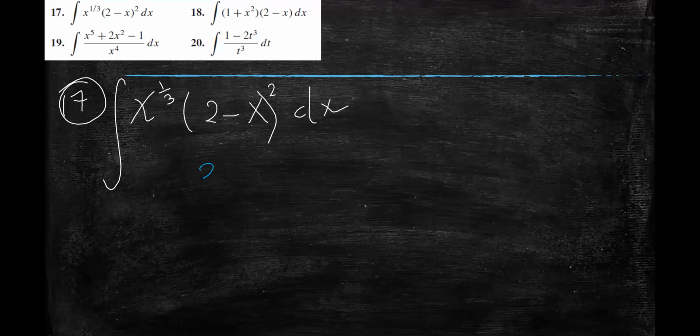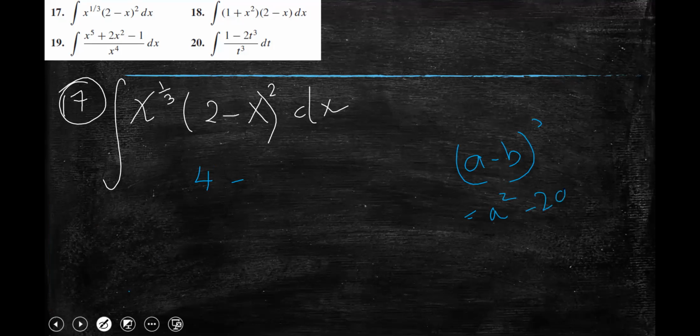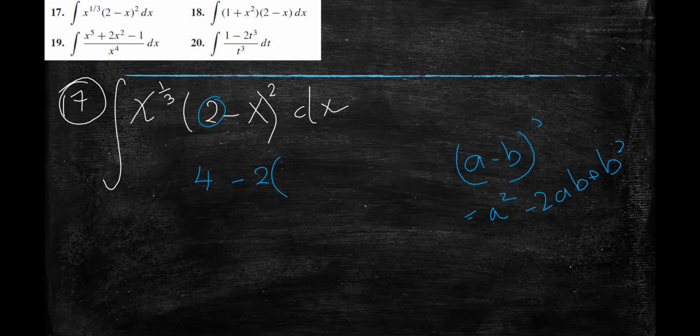Now you can multiply it the way I told you before. Do you remember, if you want to expand a minus b squared, what do we do? We say a squared minus 2ab plus b squared. So 4, which is a squared, minus 2 times ab. Where's ab? It is 2 and x, you took it in grade 8.